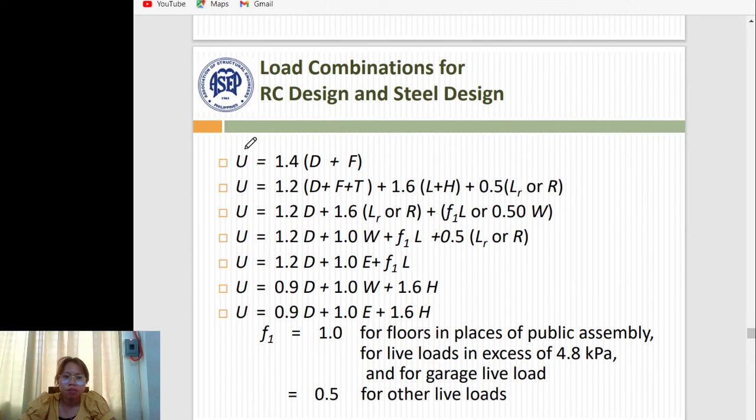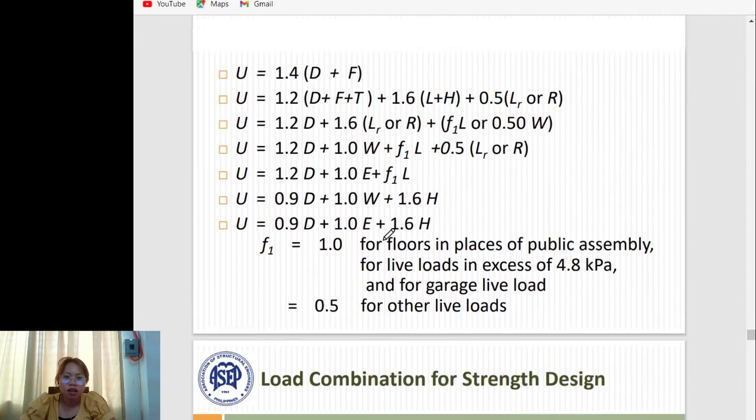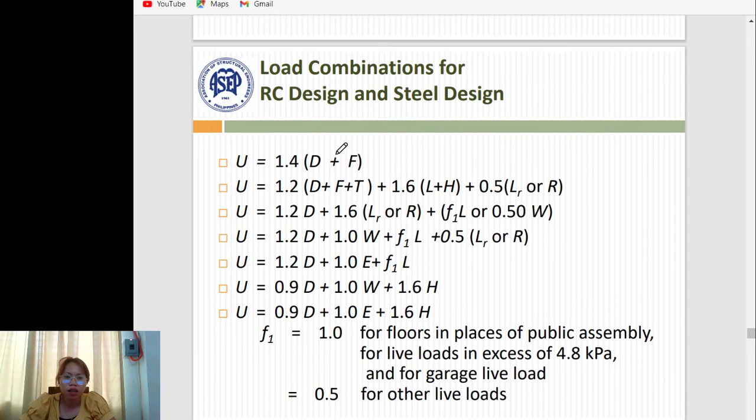So we have these load combinations for the reinforced concrete design and the steel design. You have 1.4 dead load plus F. F is the load of the fluids, but we will neglect the F, no?